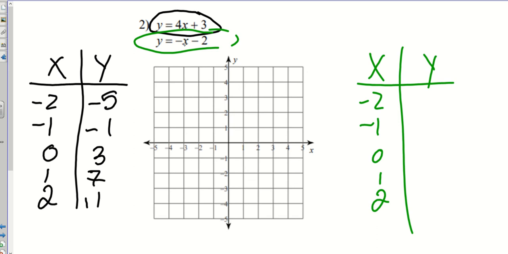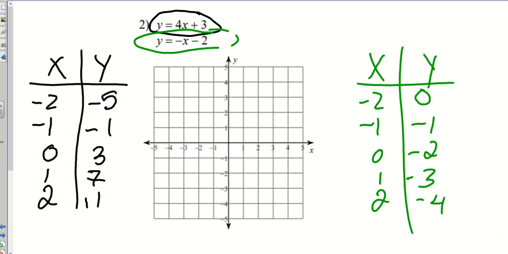So when I put -2 in for x, +2 minus 2 is 0. When I put -1 in, 1 minus 2 is -1. When I put in 0, I get -2. My slope being -1 should mean that my numbers are decreasing by 1 every time. That pattern seems to be holding. -1 minus 2 is -3, and -2 minus 2 is -4.